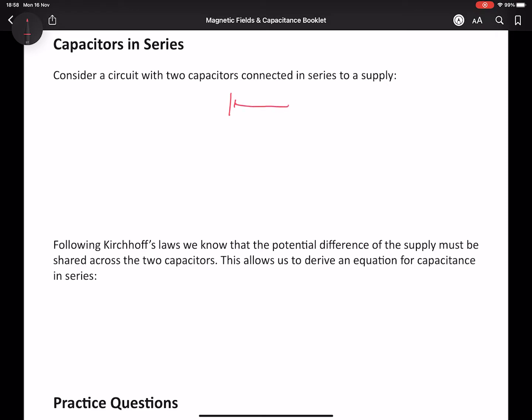Now, again, we need to draw a simple circuit diagram, starting with our cell at the top, and we're going to place two capacitors in series with each other. Again, we can use a bit of mathematical logic, a bit of Kirchhoff's laws being played here, because we know that the potential difference of the supply will be shared across all components that are positioned in the series circuit.